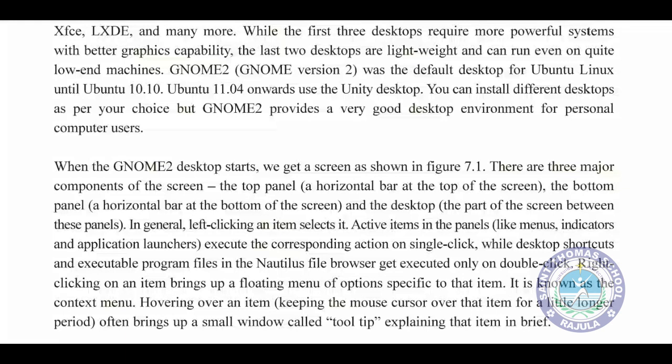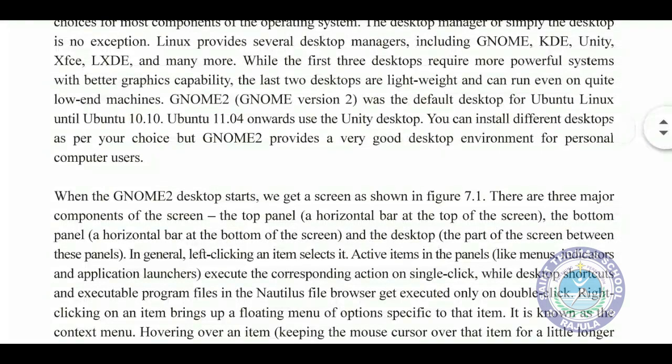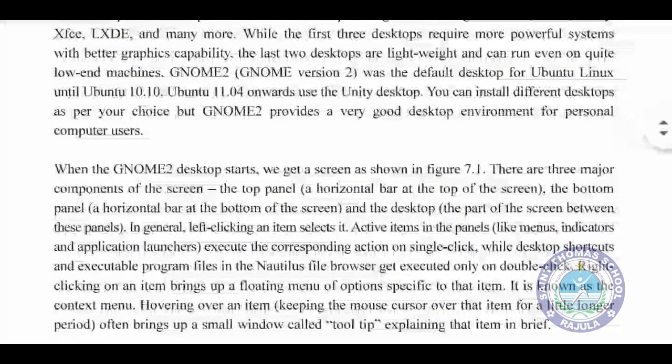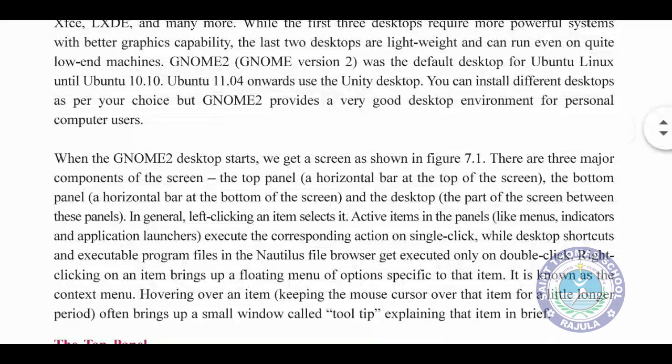From 11.04 onwards, the default desktop was the Unity desktop. You can install different desktops as per your wish. The five types we have already discussed are KDE, GNOME, Unity, XFCE and LXDE. We have the freedom to install any one of these desktops, but by default GNOME 2 is provided here, and it is a very good desktop environment for the personal computer user. So we will use GNOME 2.